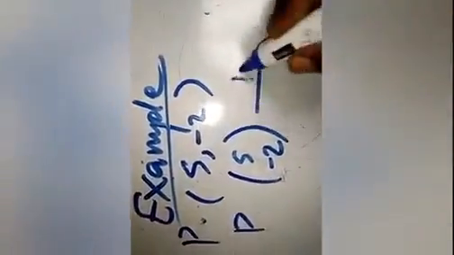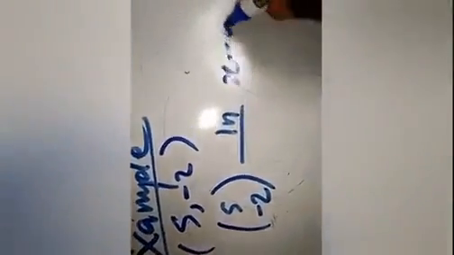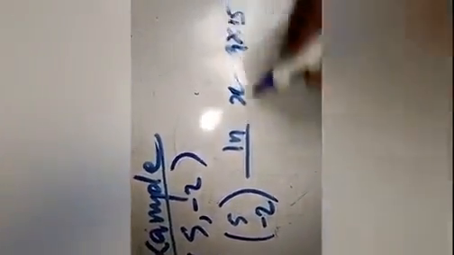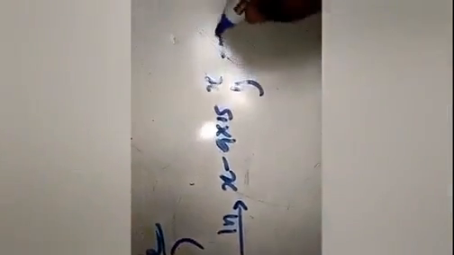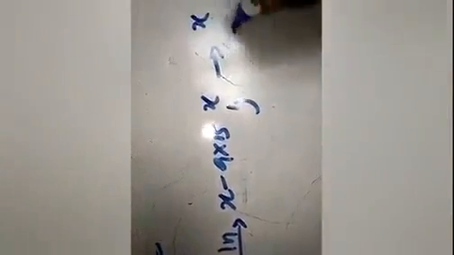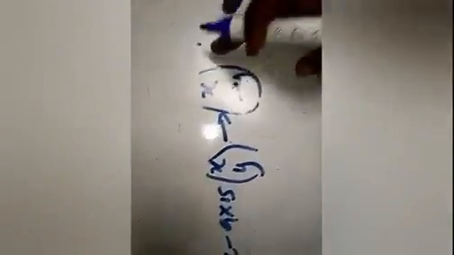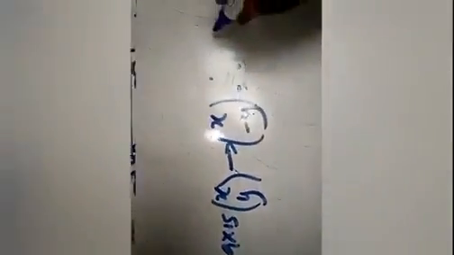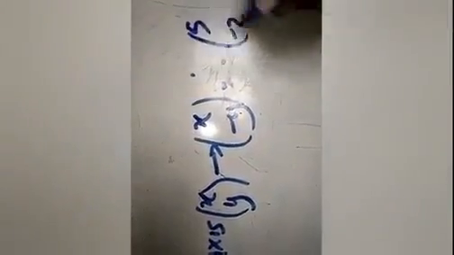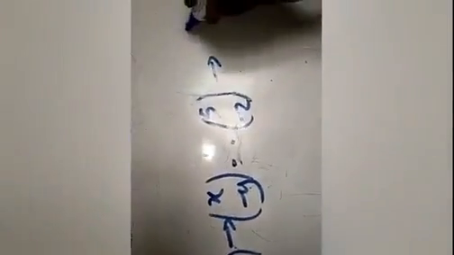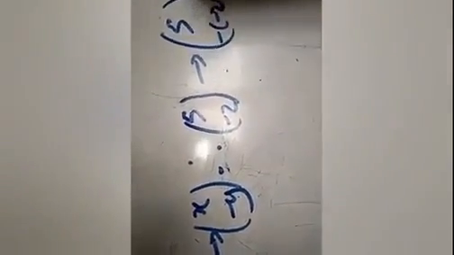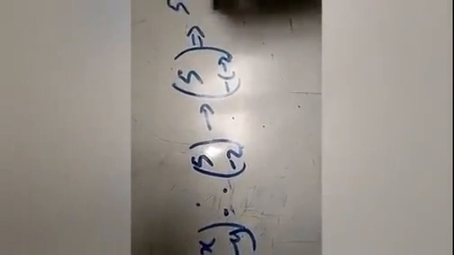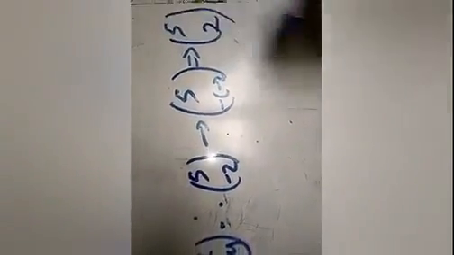Remember, in the x-axis, we have x, y mapping onto x, minus y. So therefore, our 5, minus 2 maps onto 5, minus of minus 2, which will give us 5, 2.